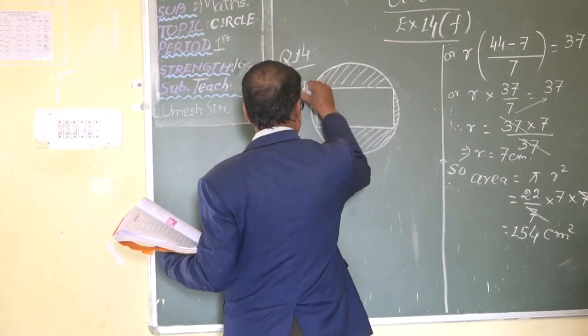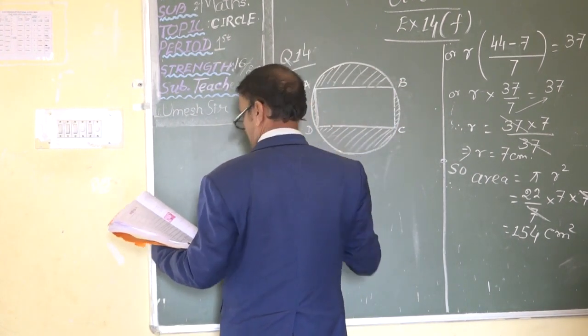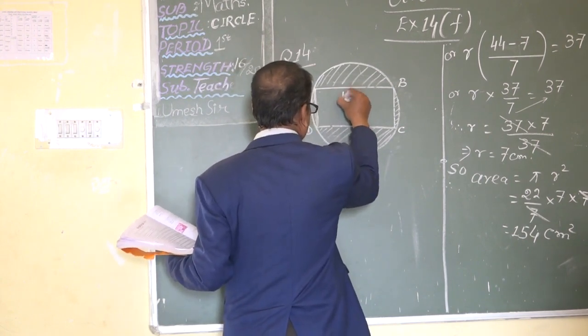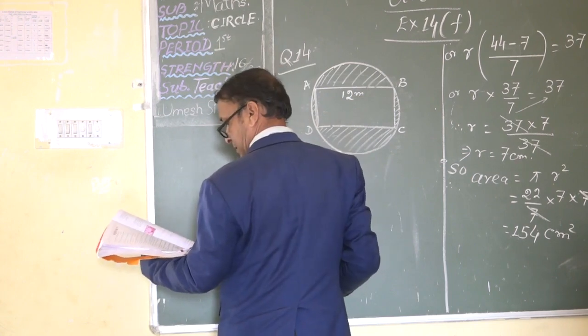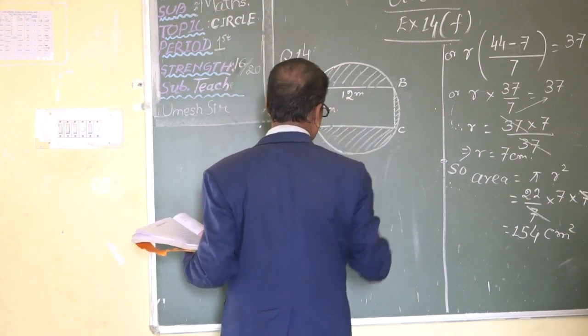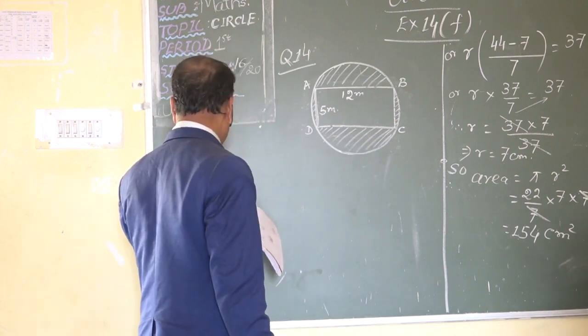Suppose this rectangle I am giving a name, A, B, C, D. The length of the rectangle is given 12 meter. Breadth of the rectangle is given 5 meter. And it is asked to find the area of the shaded part.